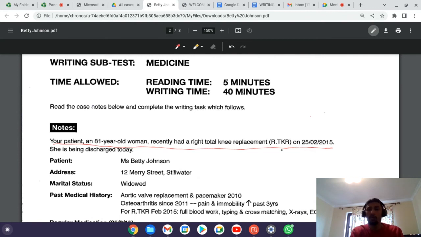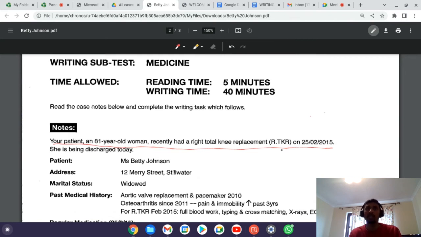Then you come back and read your case note carefully and understand what is in it. While reading the writing task, you know the purpose for which you are going to write this letter. Then you ask why that purpose is important, and you can find the answer in the case note. That's why it is very important.